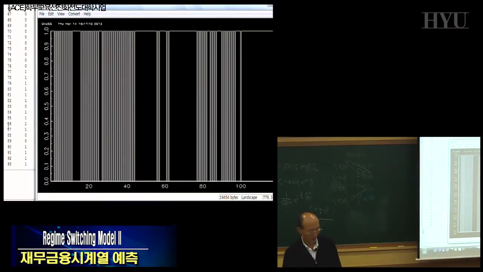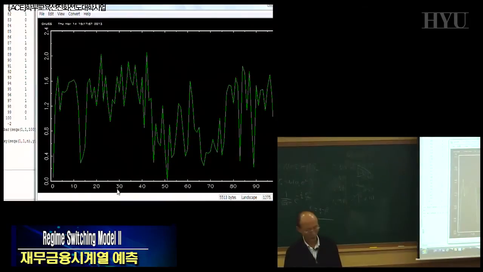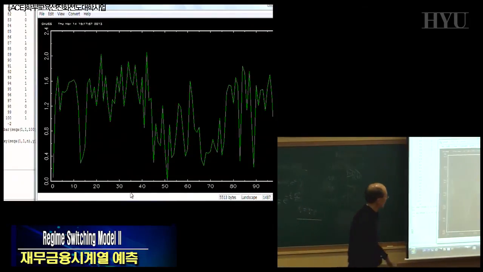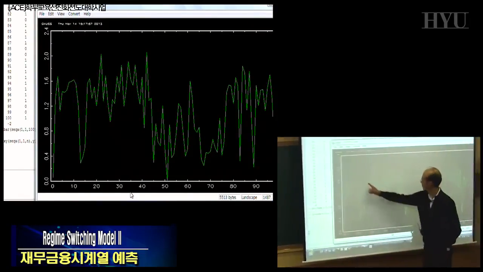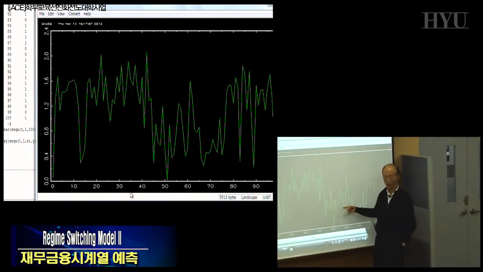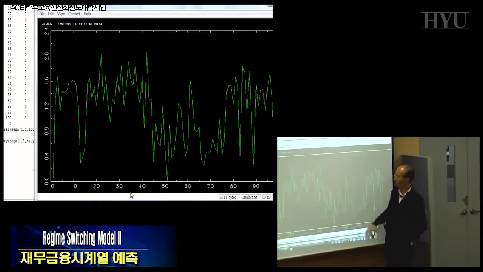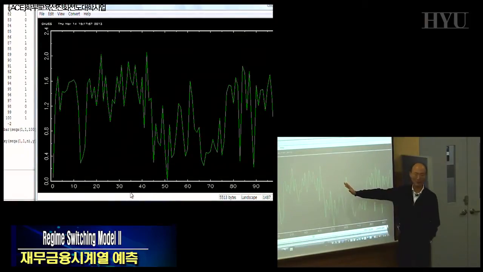And let's compare that with this one. See, high mean state, low mean state. But we know that there are several switches, right? But you actually observe this as the data. Often you don't observe the underlying ST. Right?